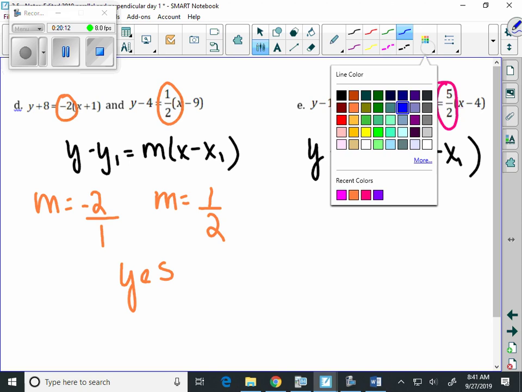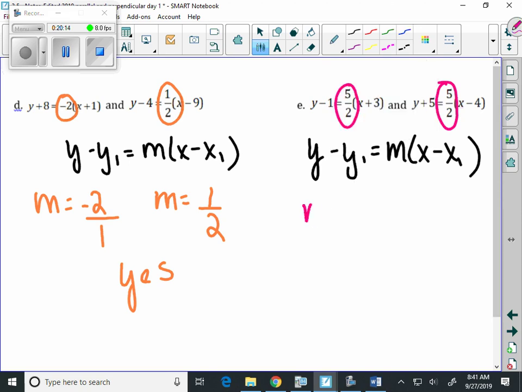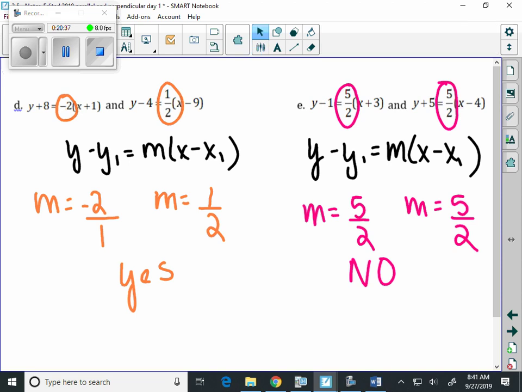But what we have is that our slope of our left equation is 5/2. And our slope of our right-hand equation is also 5/2. And because they're both 5/2, these are parallel lines because they're the same slope, not opposite reciprocals that we want for perpendicular.